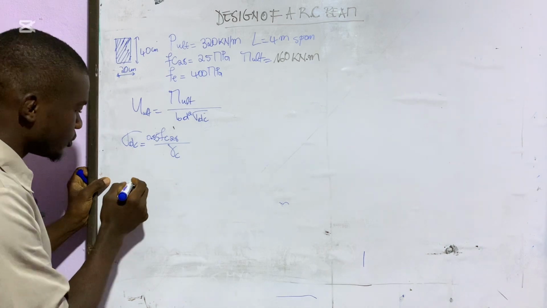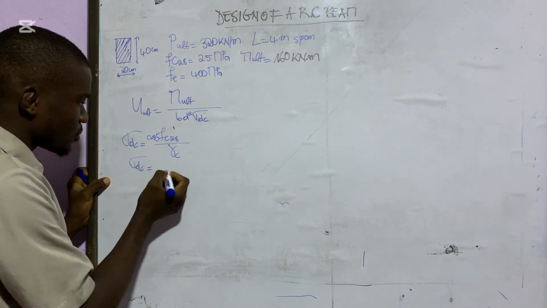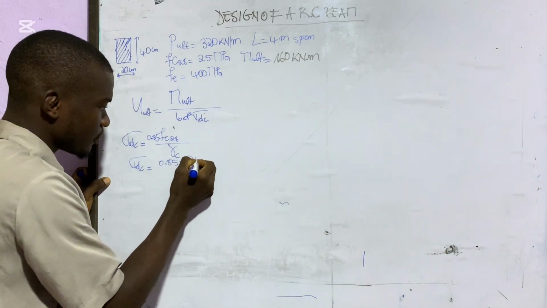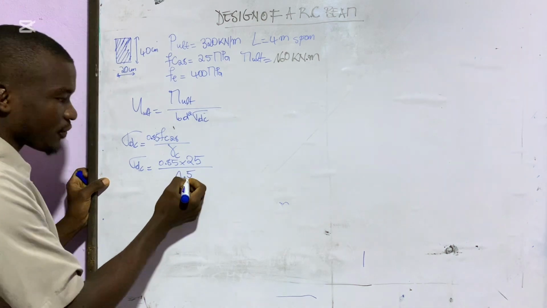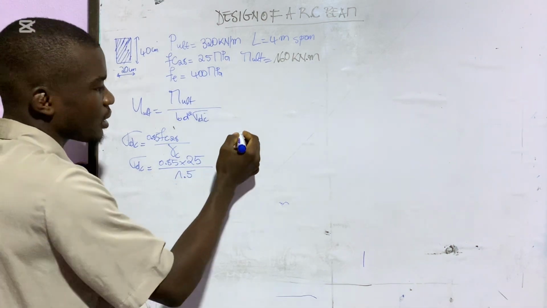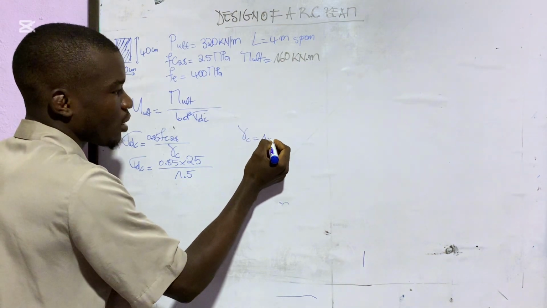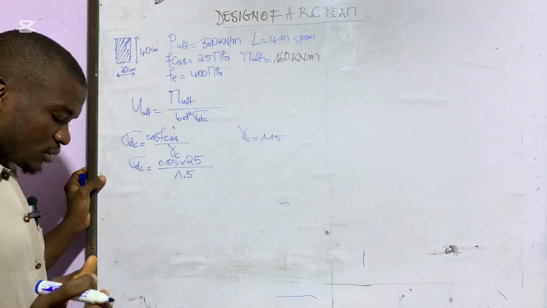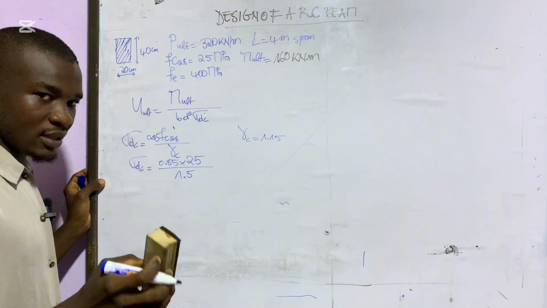So doing the numerical application, the design strength of our concrete is equal to 0.85 times 25 megapascal divided by 1.5. Here the safety factor gamma c is equal to 1.5, but in other circumstances, this gamma c can also be equal to 1.15 when you consider the accidental combination.